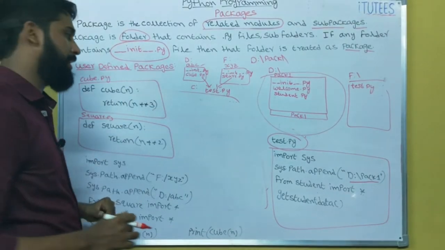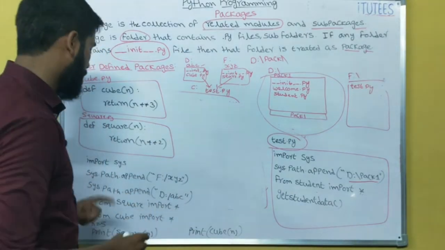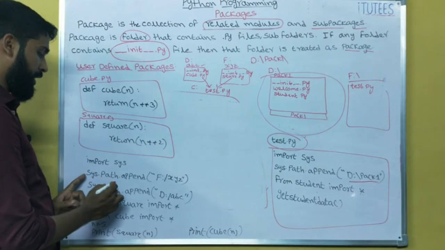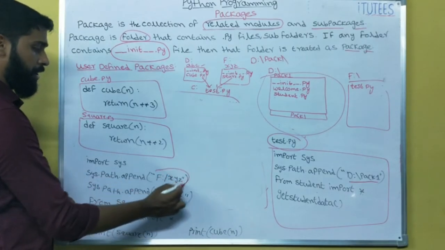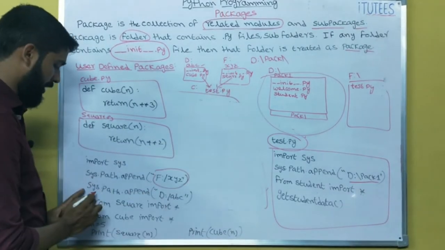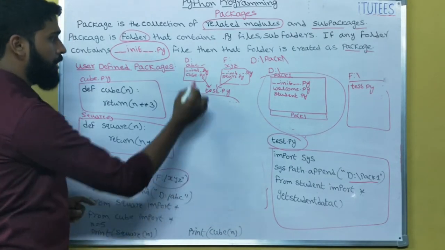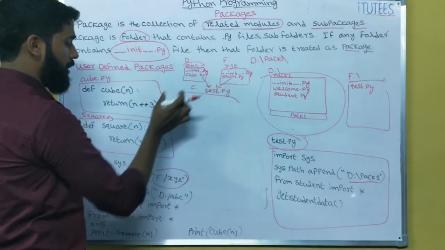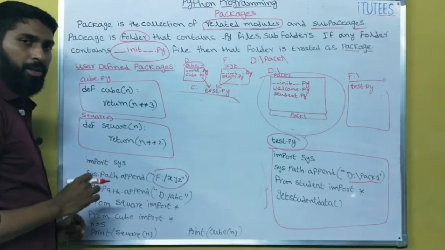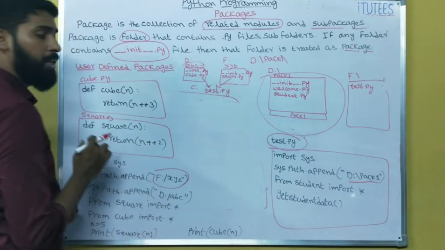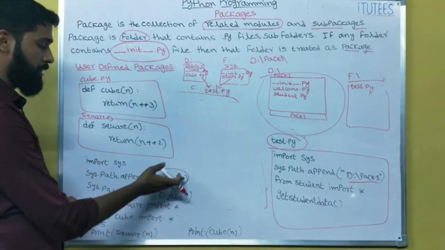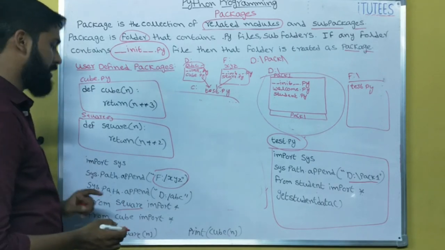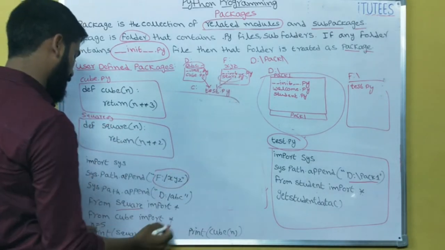I create a new test file on the desktop. So I can import both these locations. How? sys.path.append f:\xyz. In the same way, sys.path.append of the ABC location. That means these packages are imported into your program. Now I can import the modules in the locations xyz and abc. First module name is square, so that is imported.